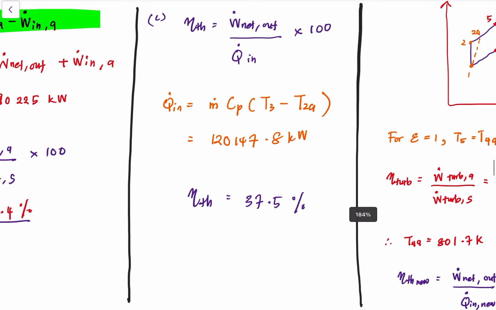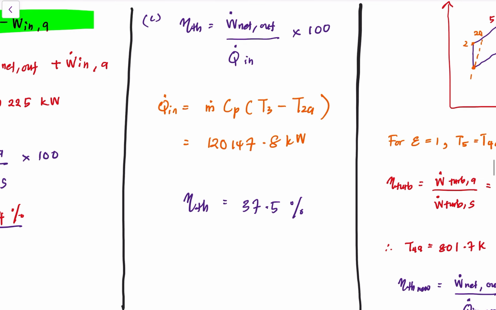Okay, next, item C, they require you to determine the thermal efficiency of the cycle. So we know that the thermal efficiency, if you look at your appendix, will be given by power net out divided by heat transfer in, Q dot in.